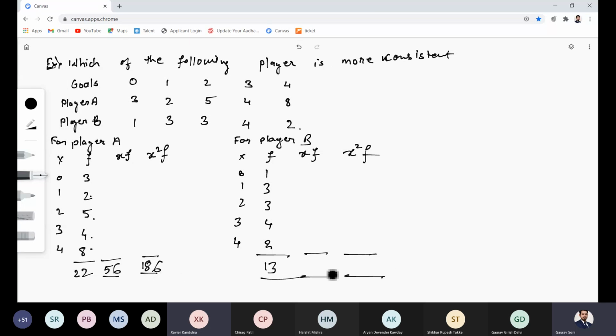For player B, it is 29 and 83. You are doing this using the method that I told you, or you are doing it independently?